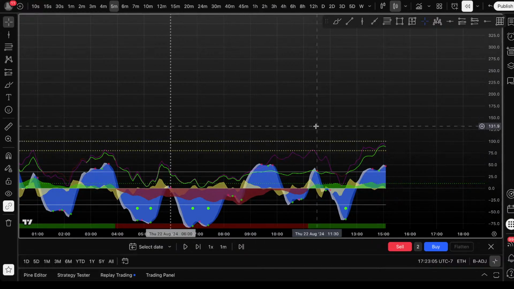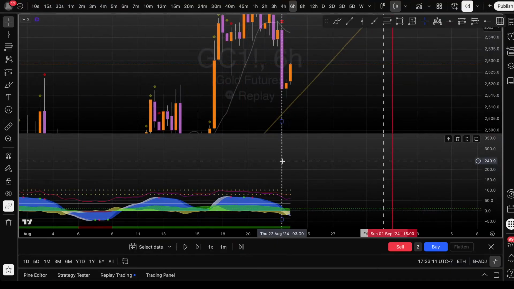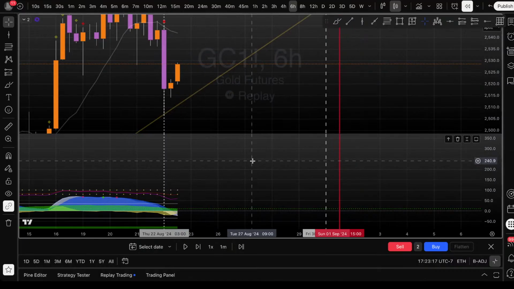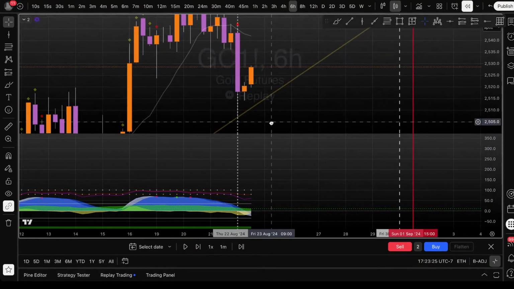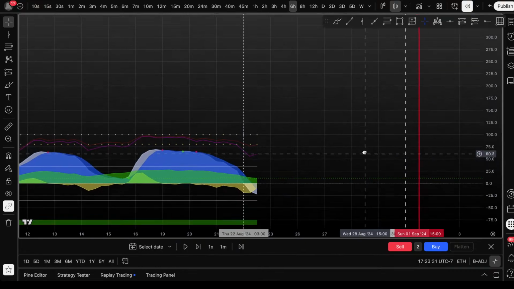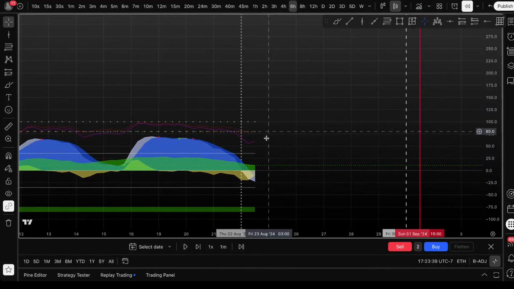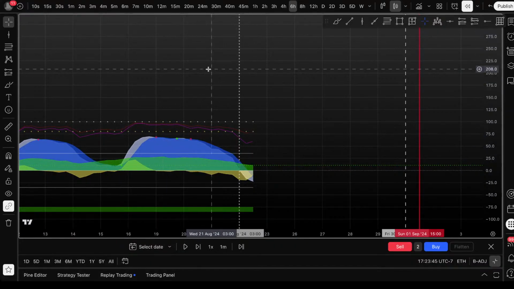Yeah, it was 6 a.m. Oh, the 6 hour won't have a 6 a.m. because it's counting by 6. Okay, that's fine. RSI is starting to curve up a little bit.